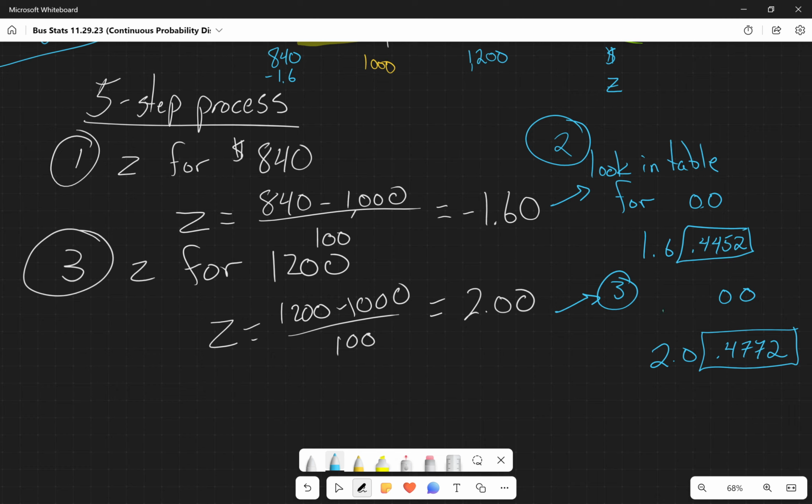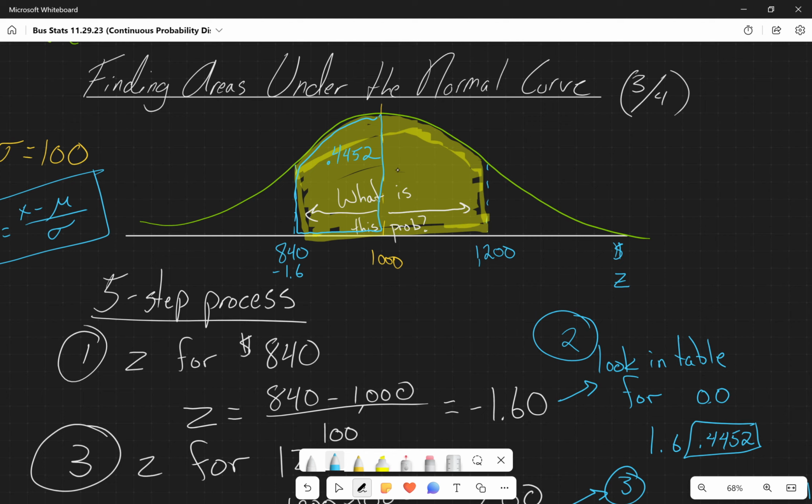There are going to be other values, of course: a value up here for 1.90, a value here for 1.91. So we're just reading the table. We go down the row axis to find the first integer and the 10th place, and then we go to the column axis to find the 100th place. So 2.00 gives us 0.4772, and we can label this whole part 0.4772.